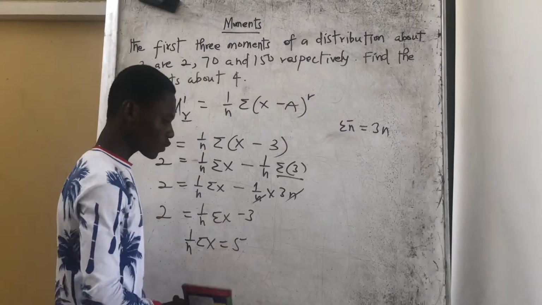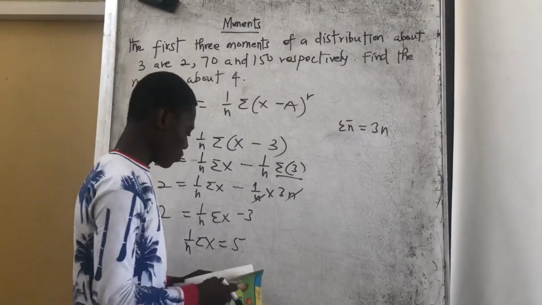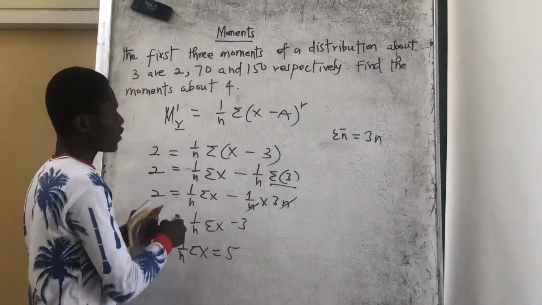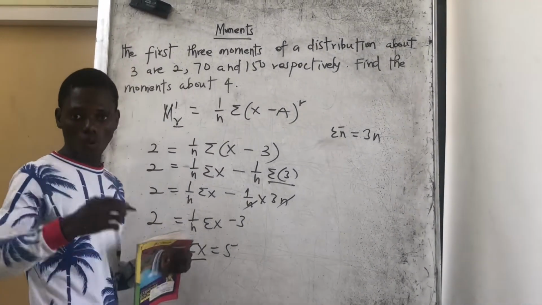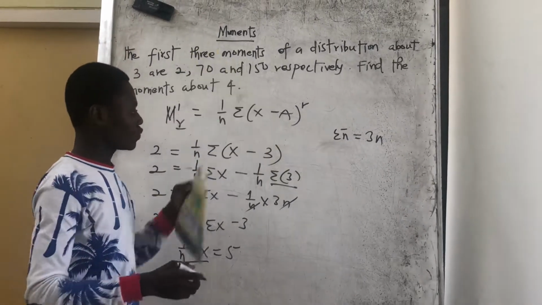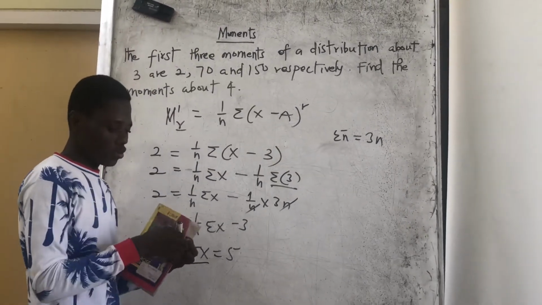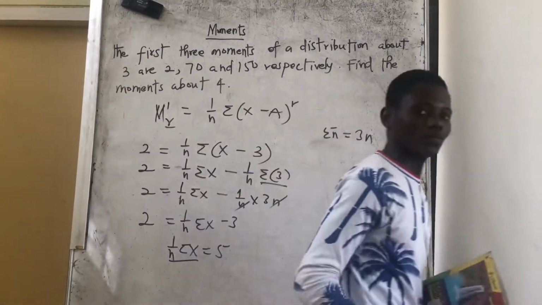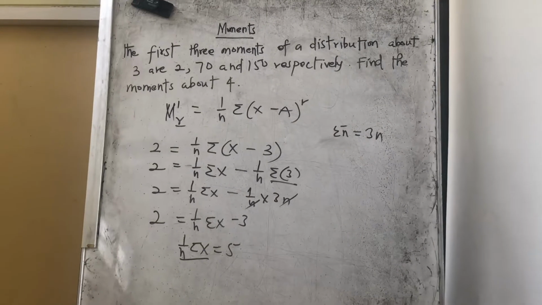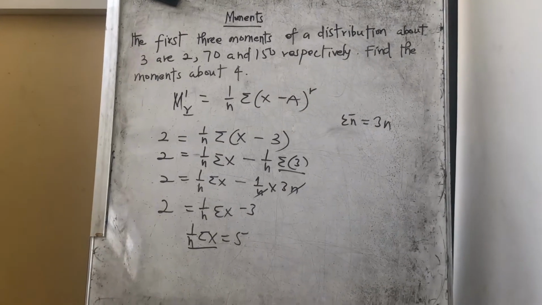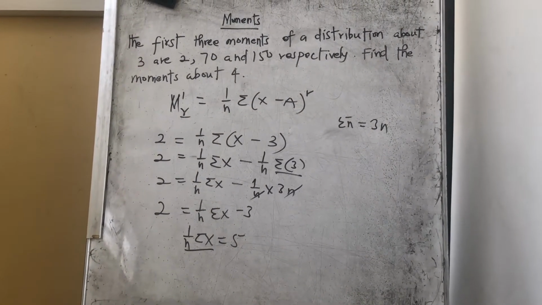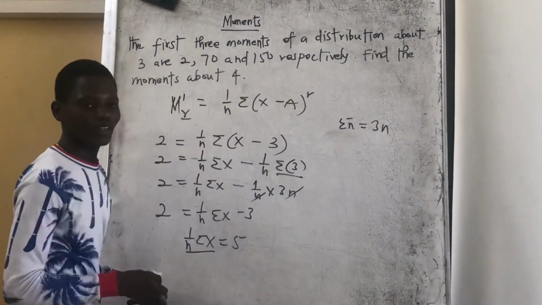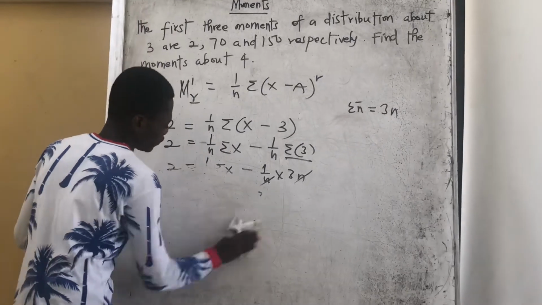In that case, we are done with the very first one. With the first moment, you have been able to get the mean, or 1 over n sigma x, of this distribution. Similarly, you can then do the second one also. So let's continue with the second one.